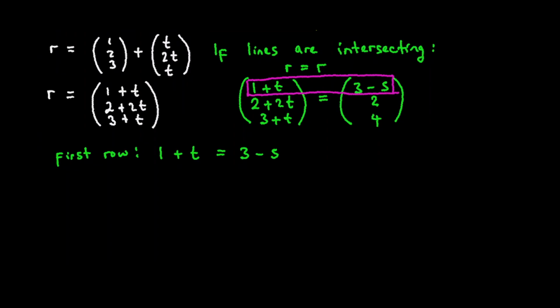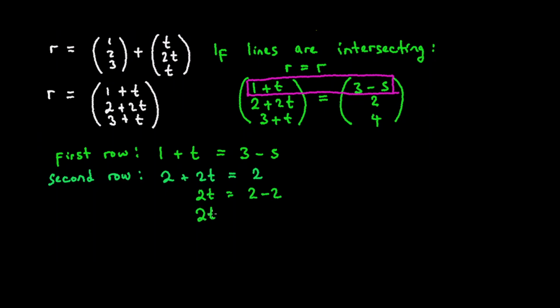Okay, since you have an idea of what a row is, the second row is 2 plus 2t is equal to 2. As you can see, we can further simplify. Taking 2 across, it becomes 2t is equal to 2 minus 2.